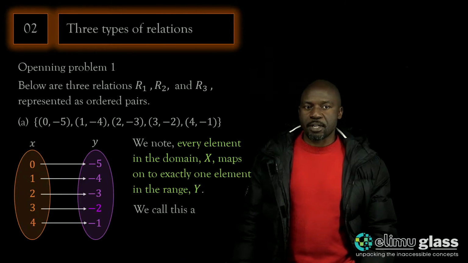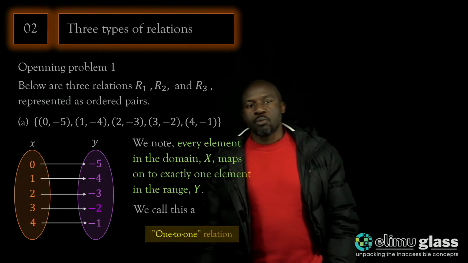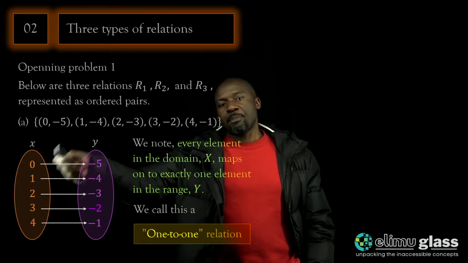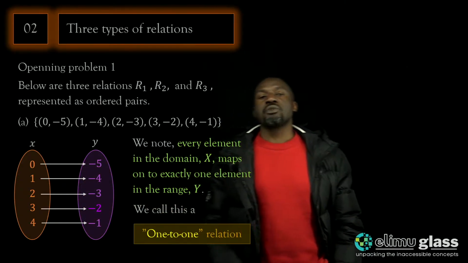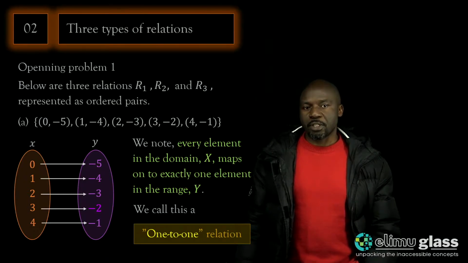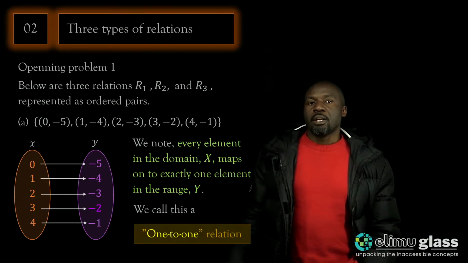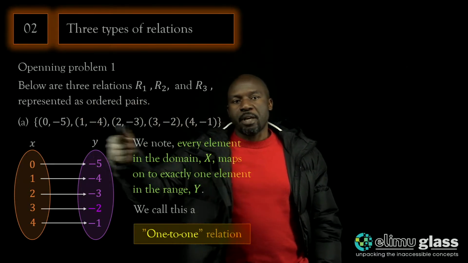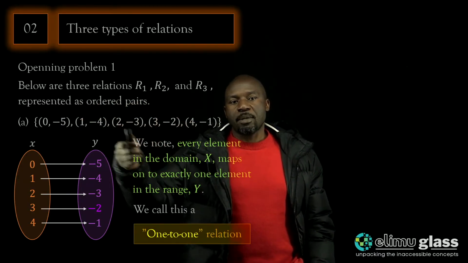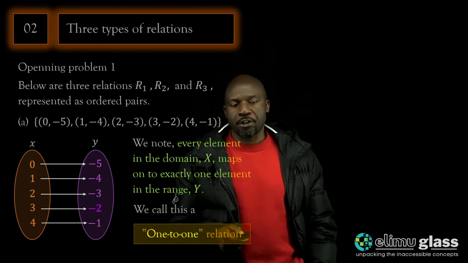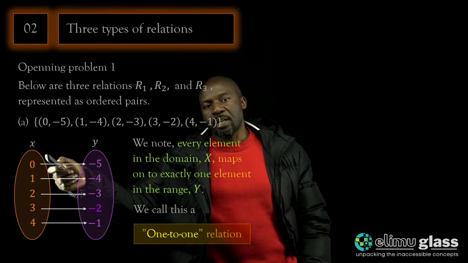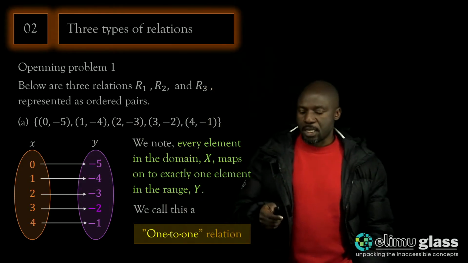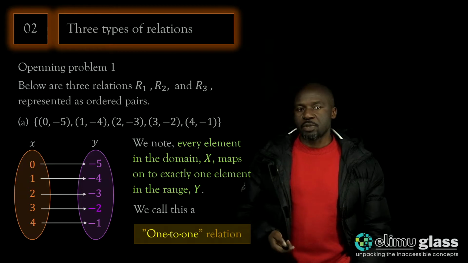This is a new term. It is a mapping diagram, but it is a relation. So in short, this relation can be described as a one-to-one relation because each element from the input maps onto exactly one element in the output. You can see that with the arrows.